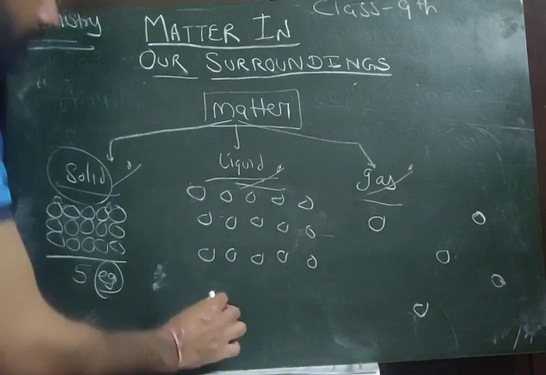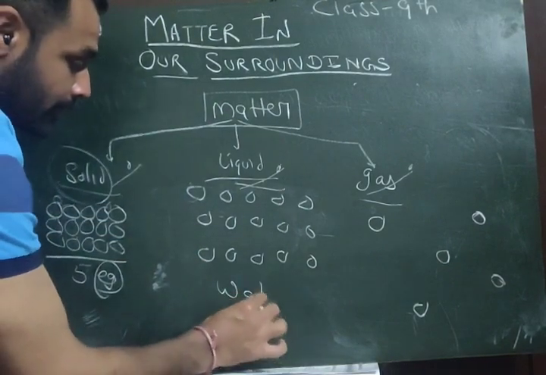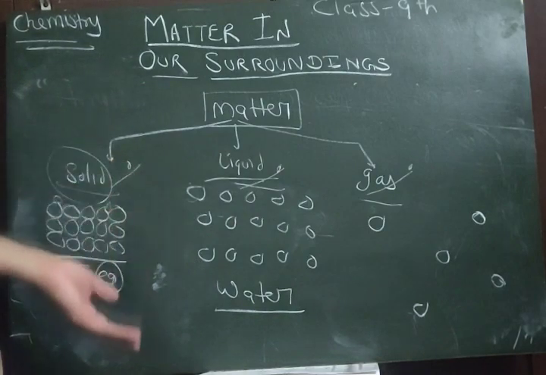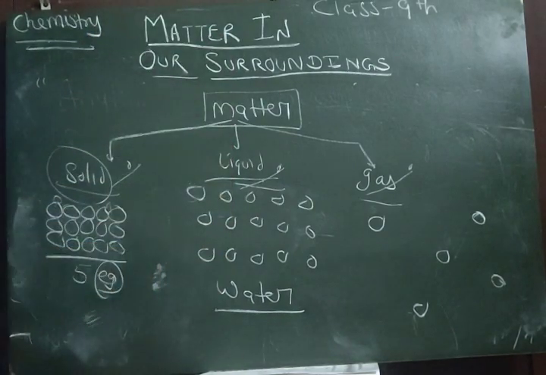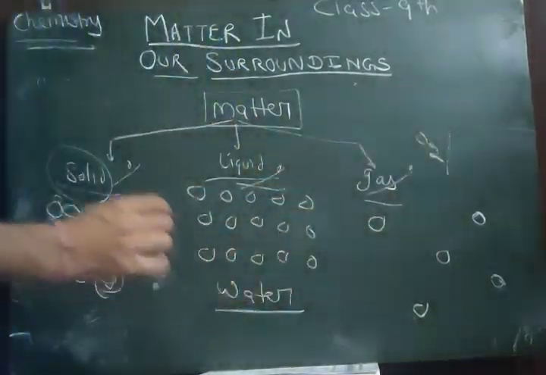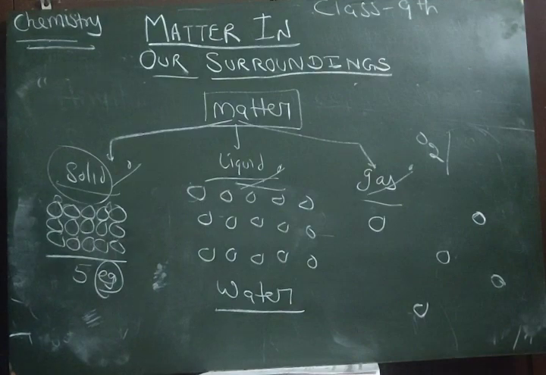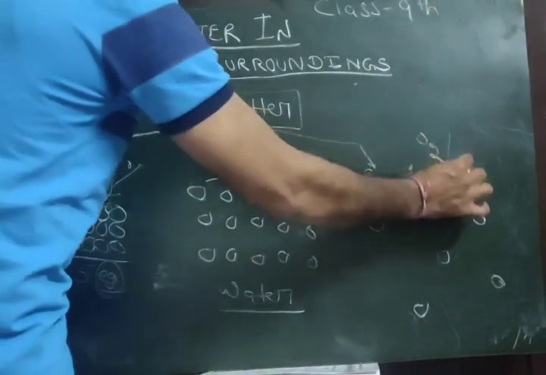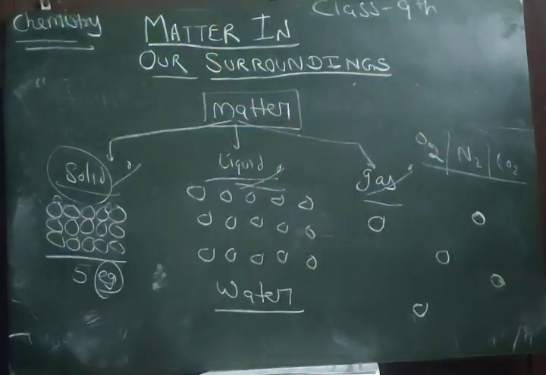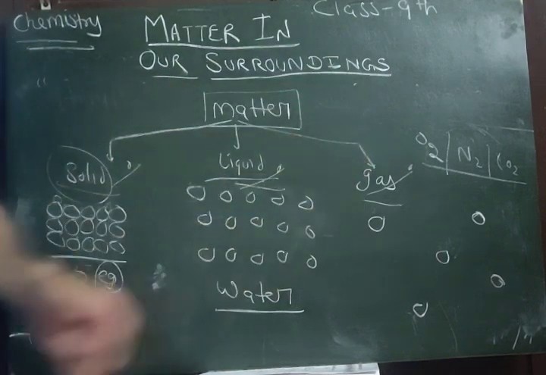What about the liquid? The main examples of liquid are water, alcohol, glycerine. And what about gas? We live in the atmosphere, in which oxygen, nitrogen, carbon dioxide are all gases. So these are some examples.